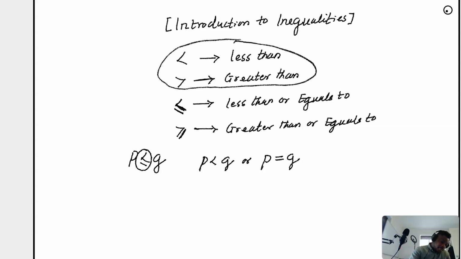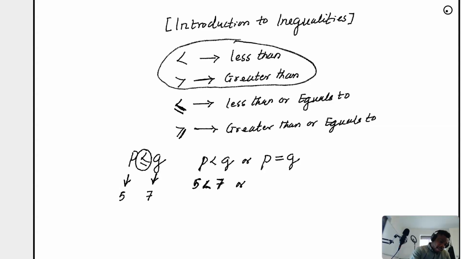So if I say P is 5 and Q is 7, that means 5 is less than 7, which is true.